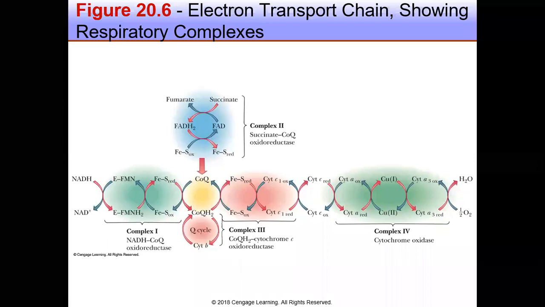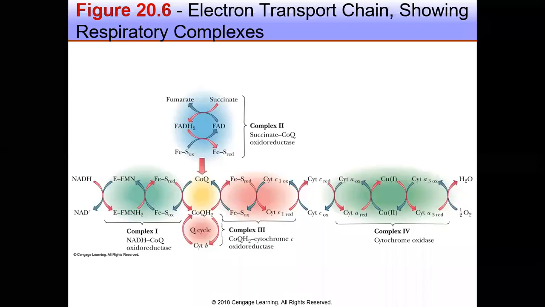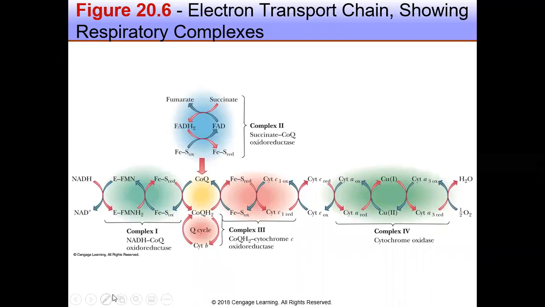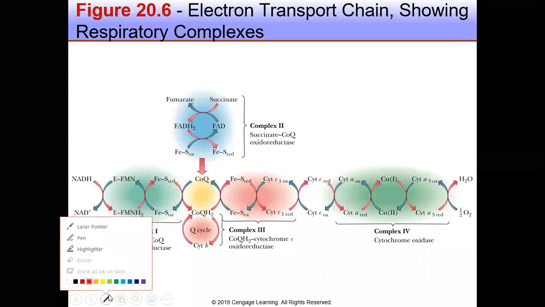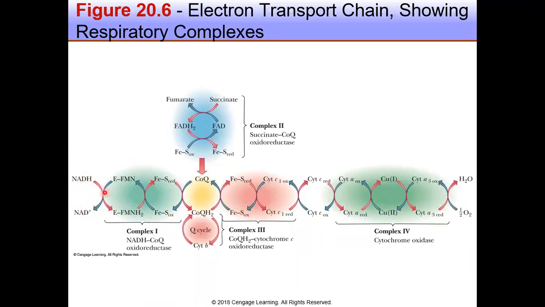Now, we started here with complex 1. Okay, this is complex 1. Again, NADH transfers its electrons to FMN, then FMN transfers its electron to iron-sulfur, which finally transfers its electron to coenzyme Q, as you can see.